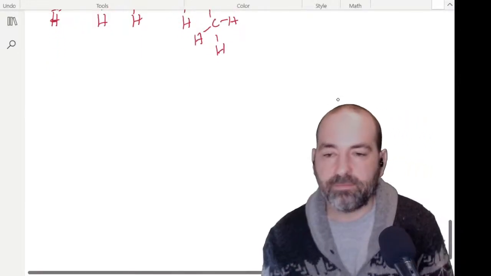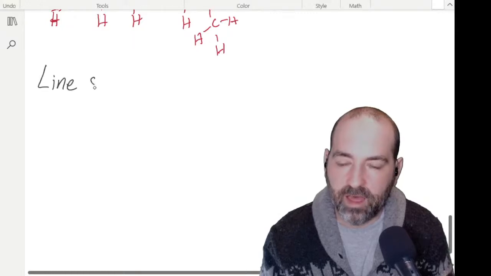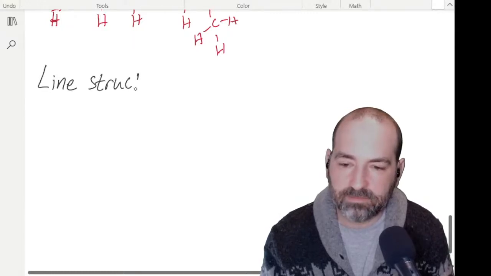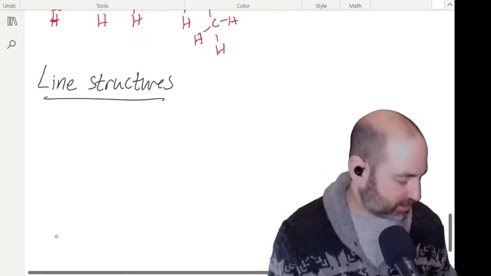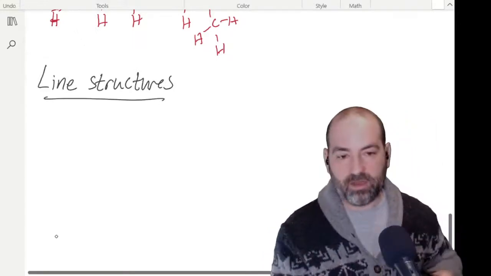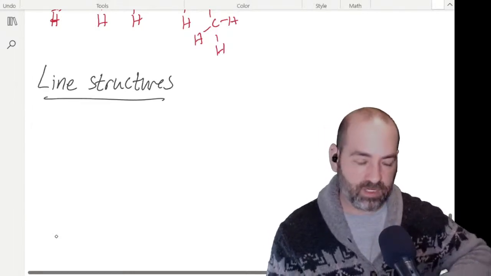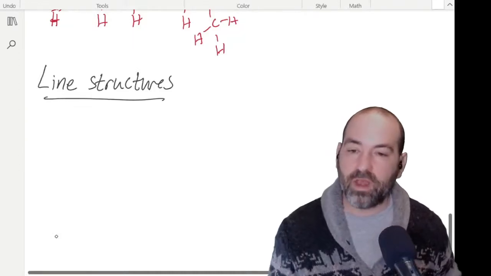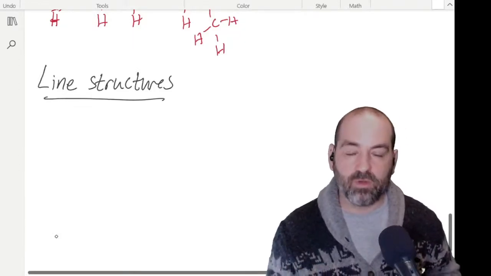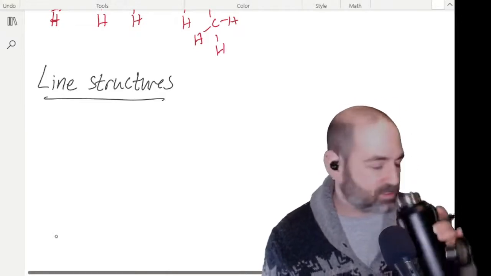Okay. So then the next step is something that we call line structures. And line structures are even further abbreviated, but they're very nice and easy to draw and still give you all the structural information. Moving forward from now, whenever we talk about these types of structures, we're generally going to express them as line structures or maybe sometimes condensed structures.